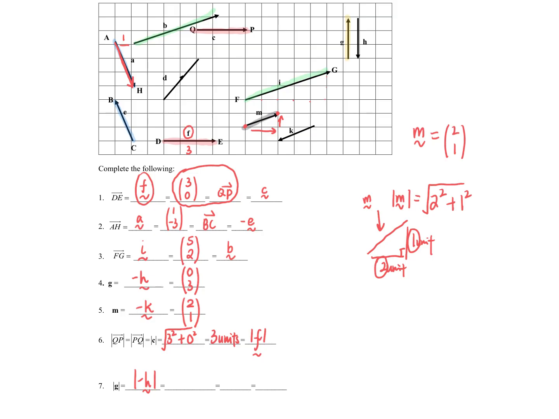Krishvan, how do I find the magnitude of G? This one. Yes, (0, 3). But how to find the magnitude? 0 squared plus 3 squared, correct?